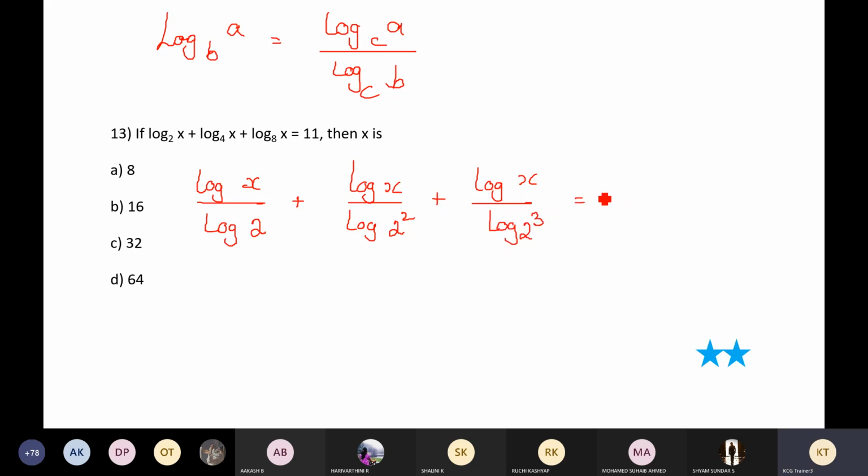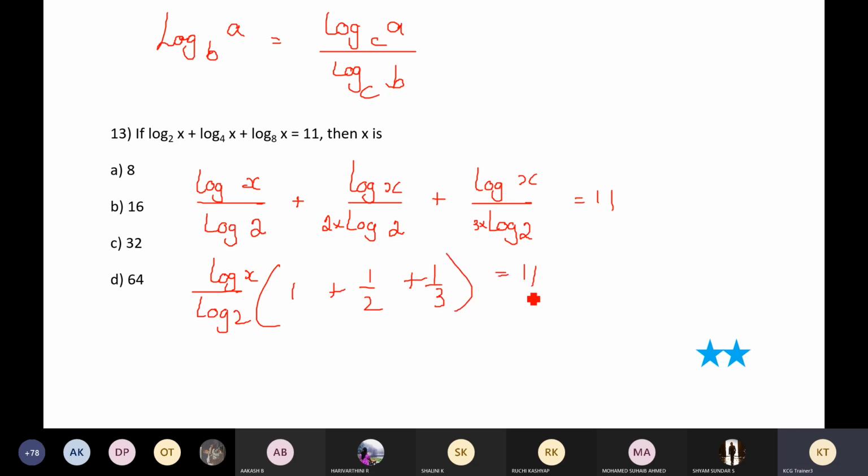Correct. So this is equal to 11. Now, this 2 and this 3, I can bring to the front. Now, if I take log of x divided by log 2 common, what will I have? 1 plus 1 by 2 plus 1 by 3 would be remaining, equal to 11.